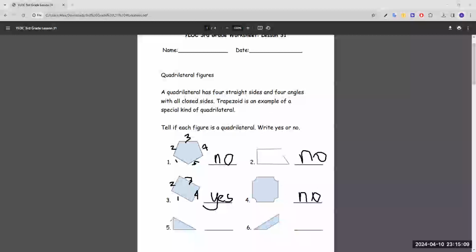Number five, this is a triangle, and triangles only have three sides, so it is not a quadrilateral. Number six, there's one, two, three, four sides and four angles, so it is a quadrilateral.